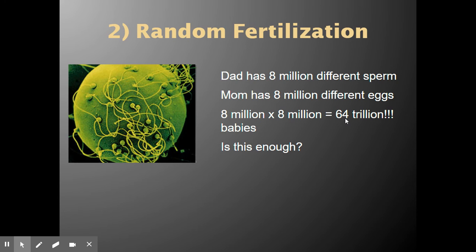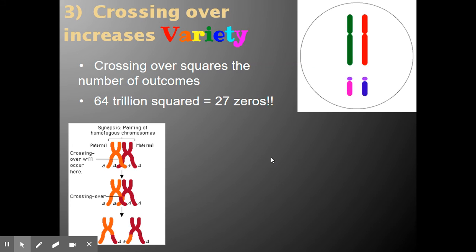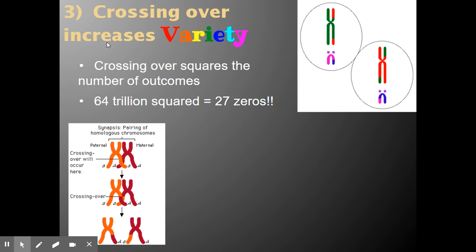This means that we have 64 trillion varieties or individuals that could be formed from a single pair of human beings. Okay, is this enough variety? Nature says no and provides more variety through crossing over.